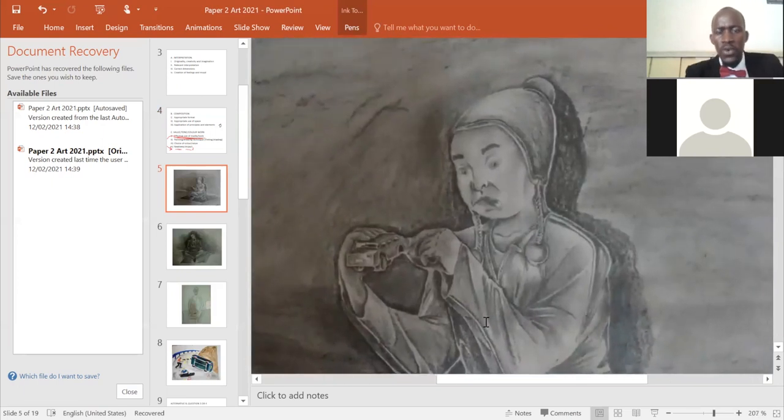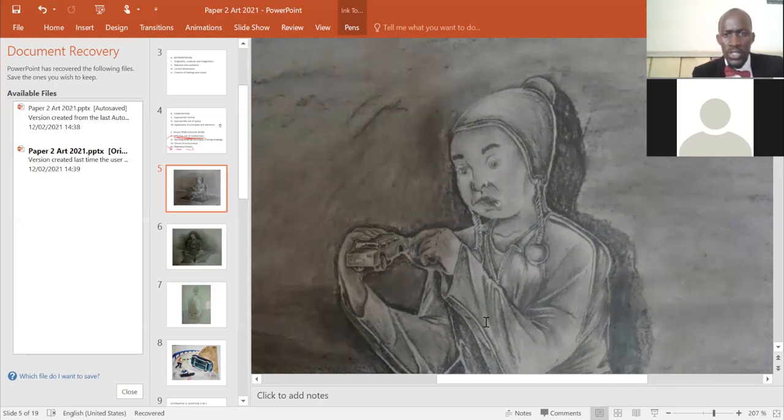Like, for example, if you look at that particular drawing, if you look at the child's facial expression, how well can you use color to indicate or to show the emotions?